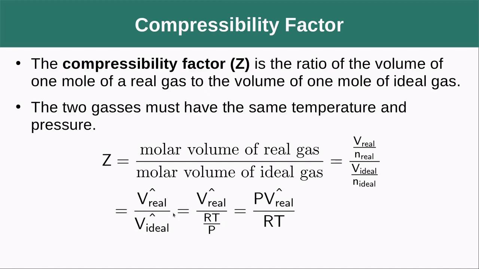So if we have the molar volume of the real gas over the ideal, we know that this term for an ideal gas would equal RT divided by P, and we see that Z is equal to PV real divided by RT. So essentially it's the ideal gas law with the actual volume plugged in.